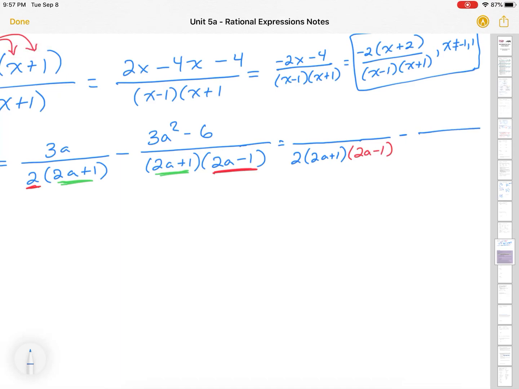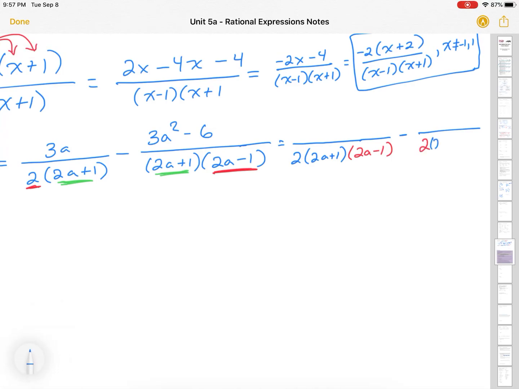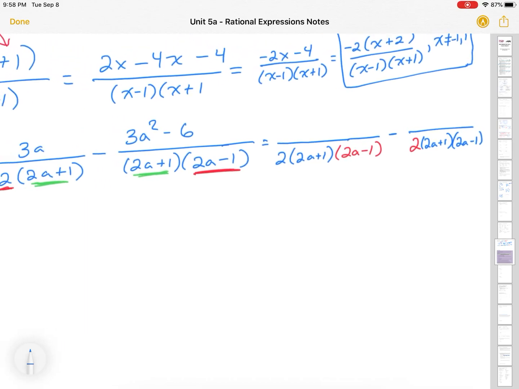And this will be, I'm going to multiply it by the 2, and then I'll get my 2a plus 1, 2a minus 1. Sorry, it's so tiny.